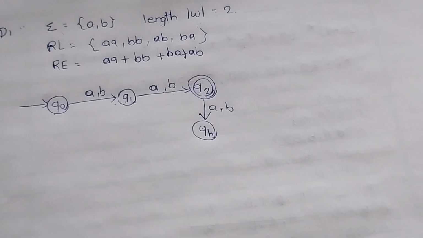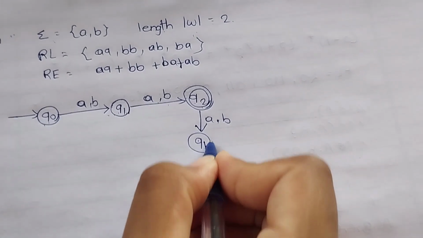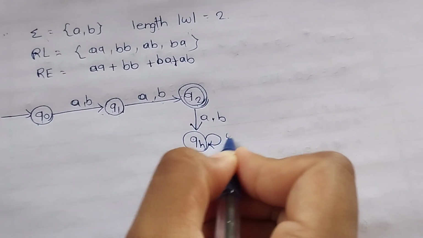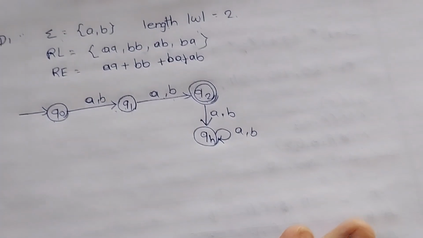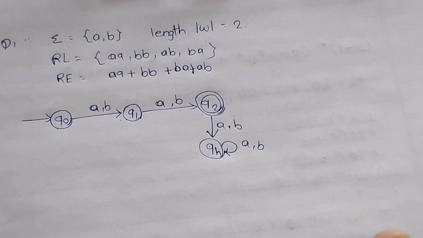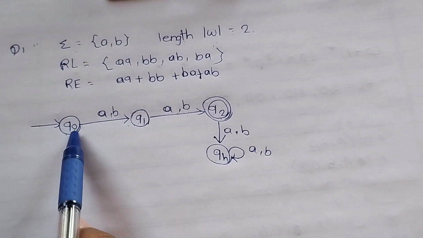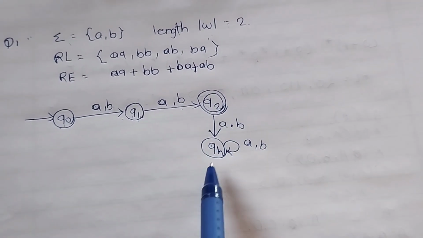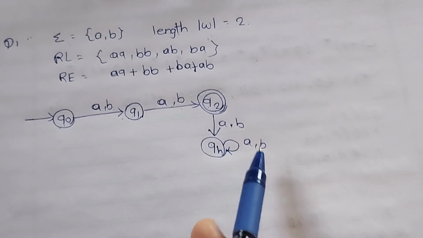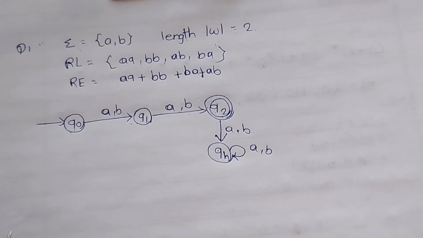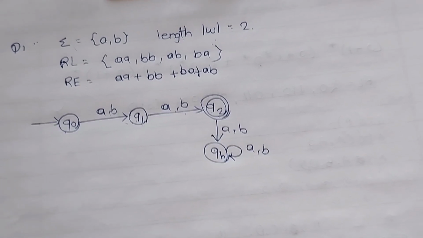This is the halt state, and this halt state transfers A and B to itself. Each state must give or transfer each variable. We can see q0 transfers A and B, q1 also, q2 also, and qh also. I hope you all get the idea of how the DFA is drawn.